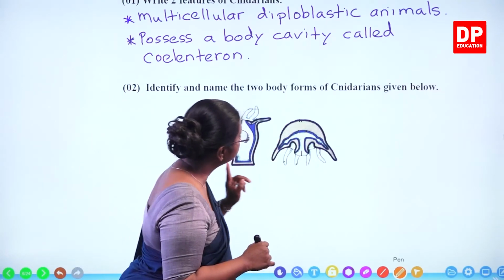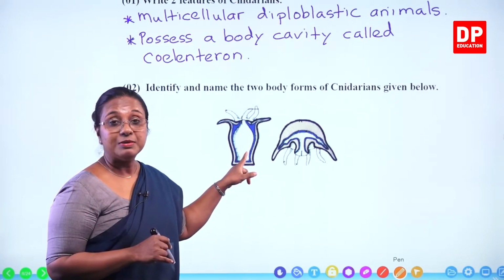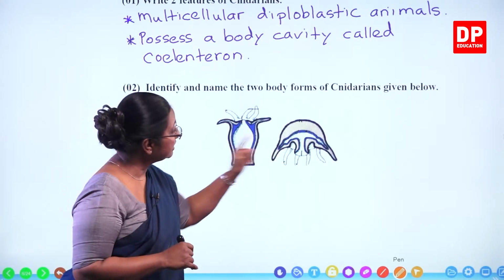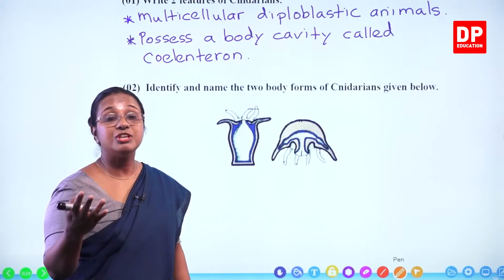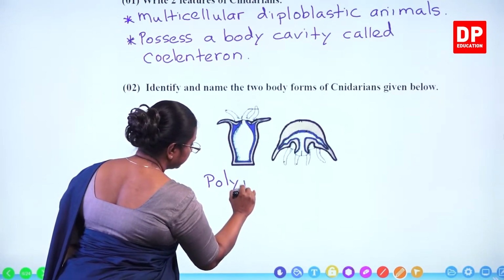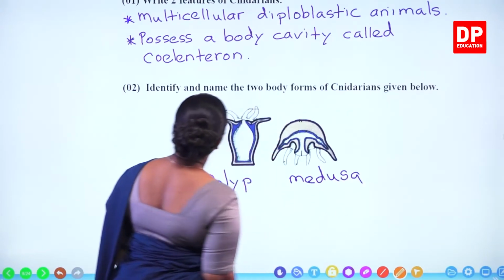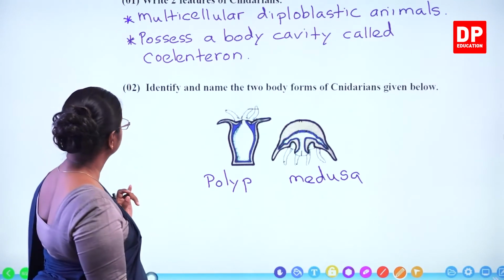Whereas this is a free-floating organism. You can relate this to the animal hydra, and this to jellyfish. So, this is polyp and this is medusa. The two body forms.